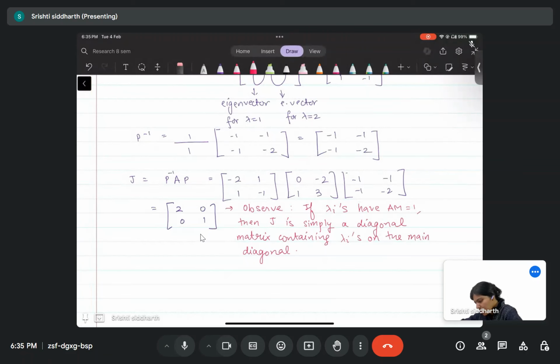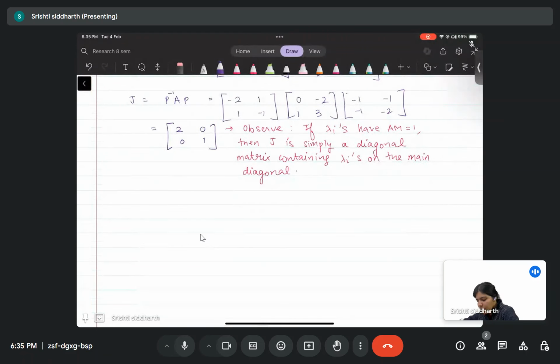So now we'll use this Jordan normal form to compute A to the power 100 and e to the power At. So we have J equals P inverse AP, which implies we have P J P inverse equals A. Then A to the power 100 is nothing but P J to the power 100 P inverse.